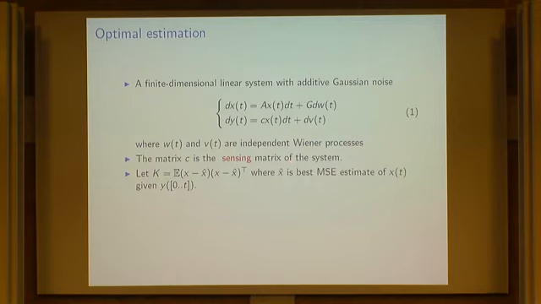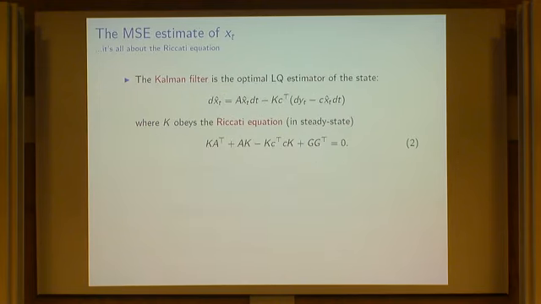I'm going to denote by K the expectation of the error. So X hat is my estimate of X given my past observations. So it's X hat of T, and everything here depends on T. And so this is the cross-correlation matrix of the error at time T. So what I want to do is to choose a sensor that would minimize this K. Okay, so first of all, how can we obtain K?